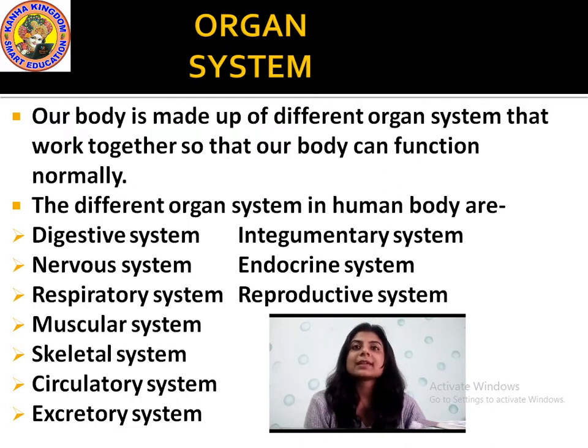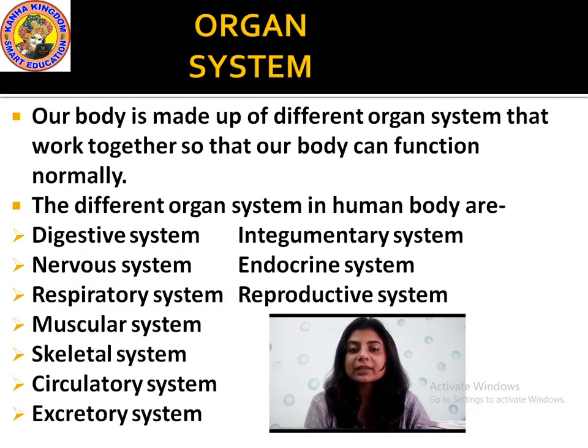Our body is made up of different organ systems that work together so our body can function normally. As I already told you, our body is made up of many different organs, and in order to function properly, our body is divided into different organ systems.